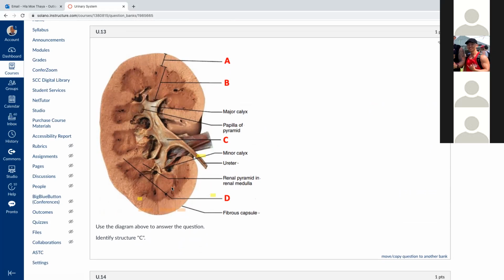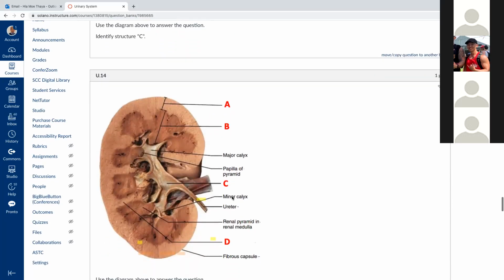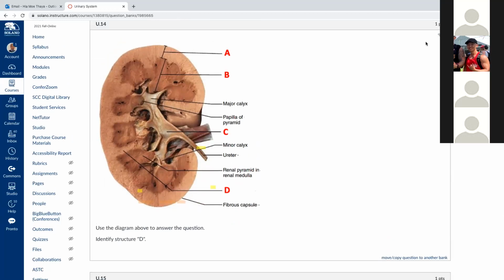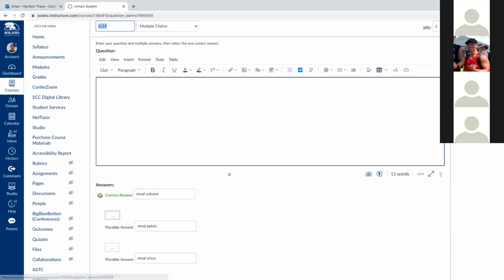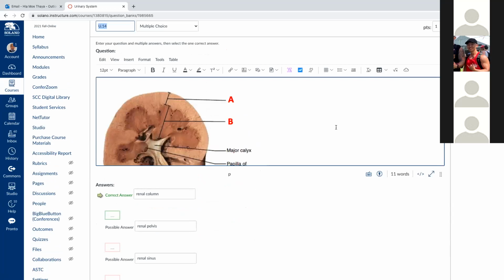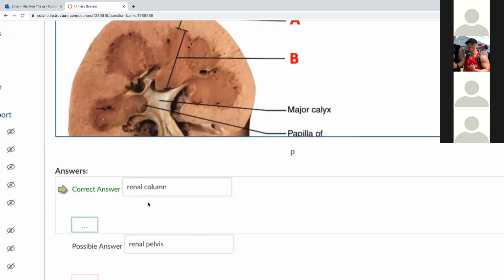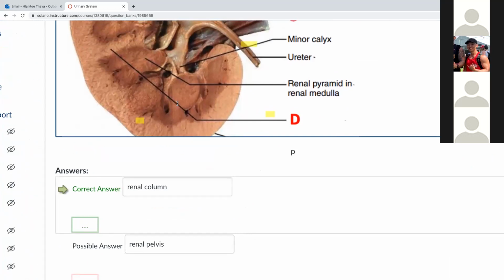Yeah. And C is renal pelvis. Okay. D, structure D. Let's have a look. Here, renal columns. D is renal column.